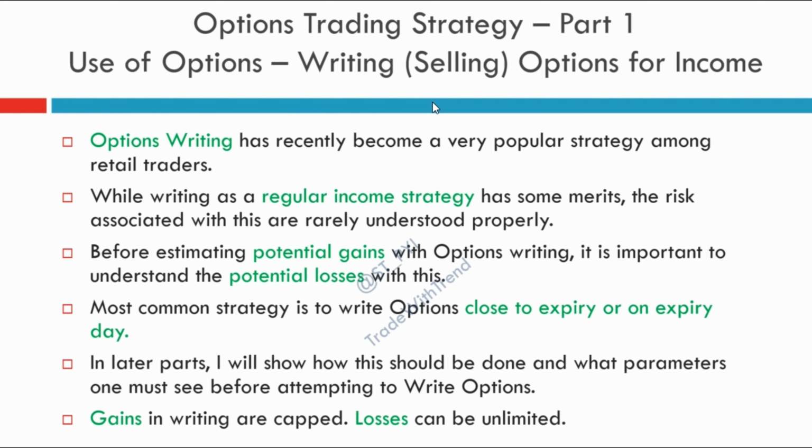In my personal opinion, while a regular income strategy is definitely something you can look at and has some merits, you have to understand the risk that is associated with writing options. And before you try to estimate what kind of gains you can get out of option writing, please make an estimate of how much you can lose with this as well.